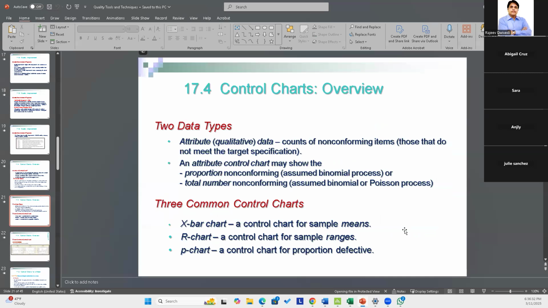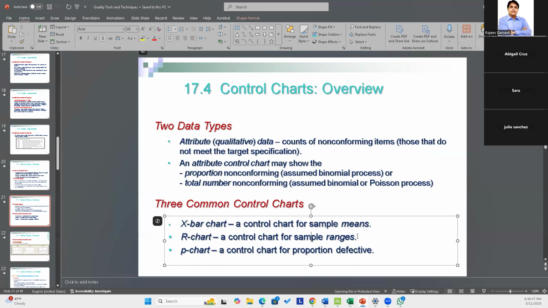Three important charts are there, and I'm coming directly to them because all our questions are based on them: the X bar chart, which demonstrates sample means, the range chart, which is the sample range, and the proportion chart, the defective proportion.